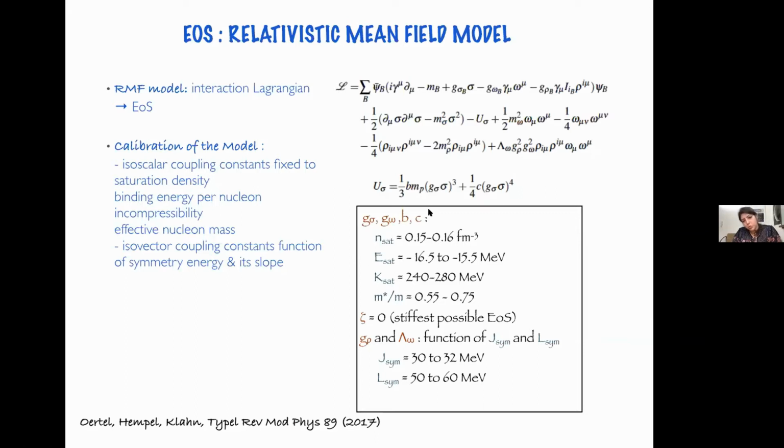And what we did was we took the state-of-the-art nuclear experimental uncertainties and varied the couplings within that limit. The other 2 couplings, which are isovector couplings, are fitted to the symmetry energy and the slope of the symmetry energy. And we also varied these within the current knowledge of uncertainty.